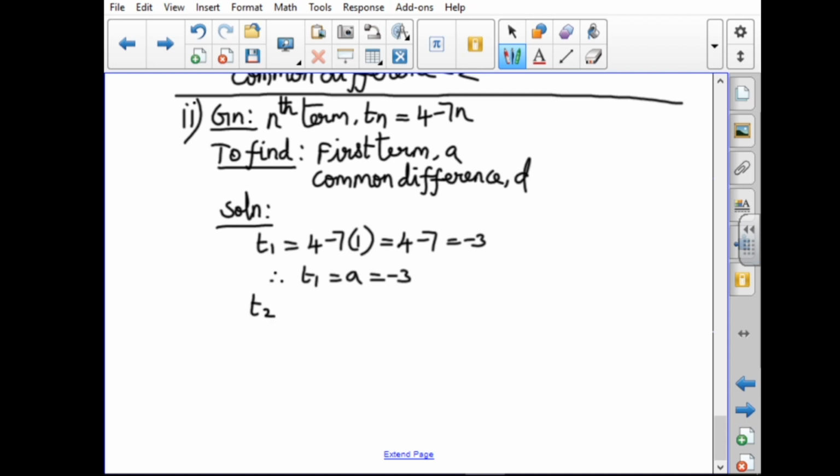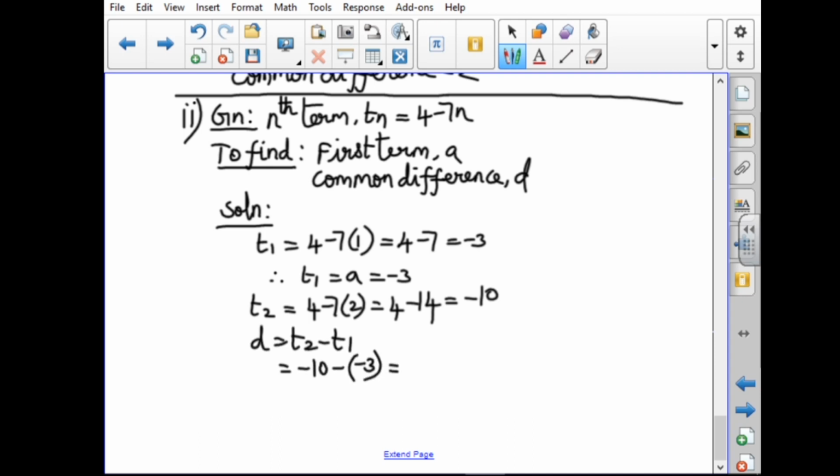Next, T2. In the nth term, substitute n equal to 2. That is 4 minus 7 into 2. That is 4 minus 14. The answer will be minus 10. Here they ask us to find the first term and the common difference. So, common difference D equal to T2 minus T1, that is minus 10 minus of T1 which is minus 3, simplifying, minus 10 plus 3, the answer will be minus 7.